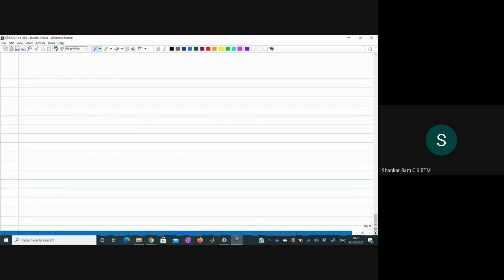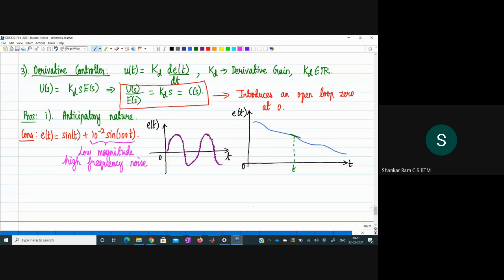Alright, so now what happens if we take the derivative of the signal? We can immediately observe what's going to happen, right? If I take the derivative, we essentially can understand one of the limitations. We'll get cos t, which should have been ideally the derivative, and then we get 10 power minus 2 times cos 100t times 100, so we are going to get cos 100t.